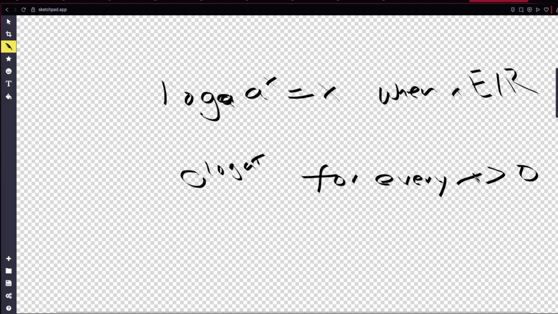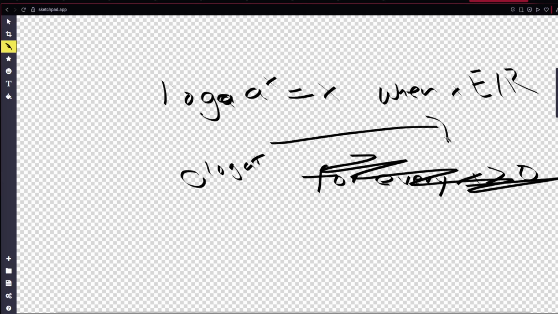Actually, yeah, so it's for all real numbers as well. I'm not too sure why my textbook said that. But yeah, you just swap domain and range.